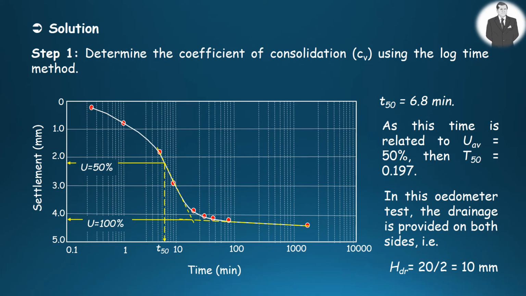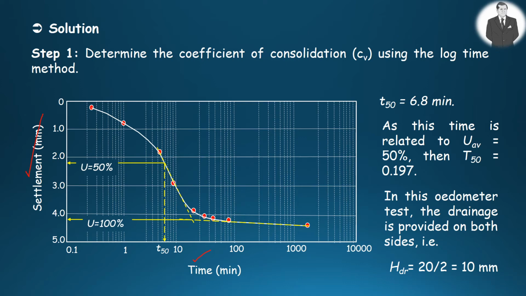In the solution of this problem, the first step is to determine the coefficient of consolidation using any method explained so far. Here, we adopt the log time method. Initially, settlements are plotted against log of time using a semi-logarithmic graph as shown in the figure.